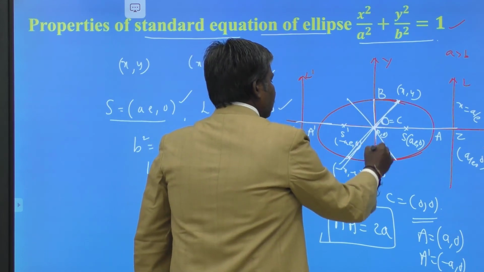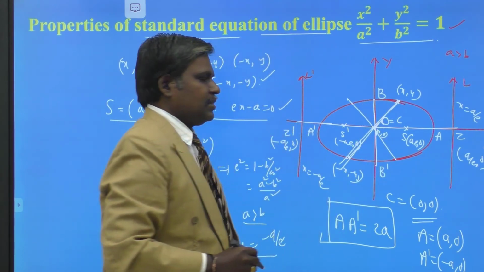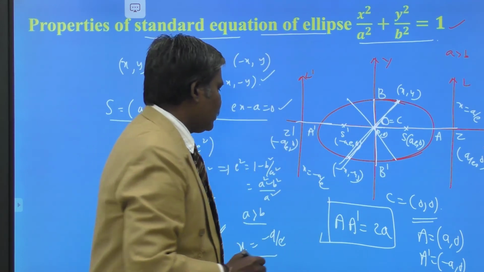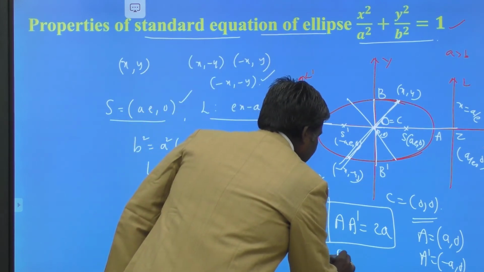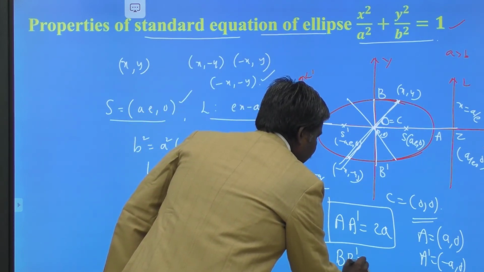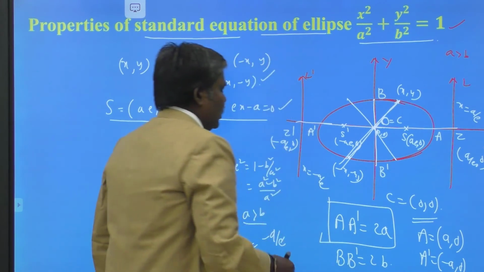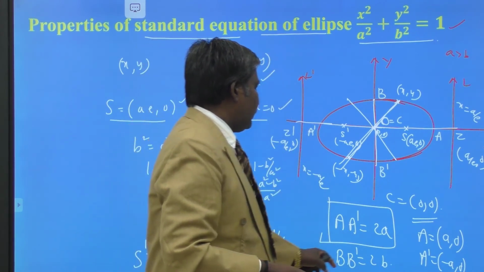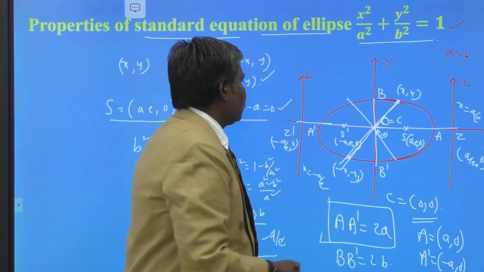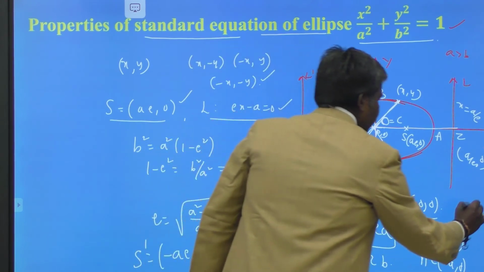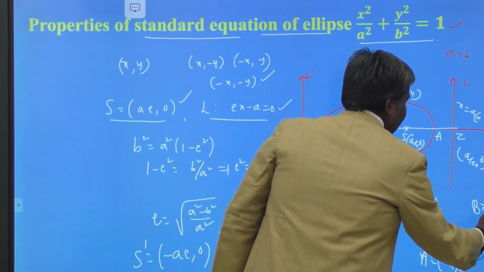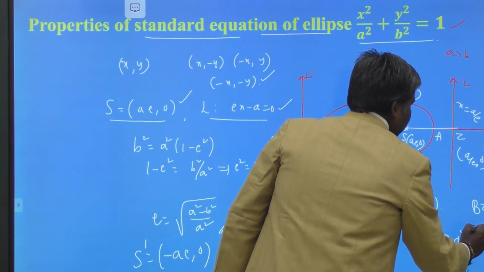This BB dash is called the minor axis. BB dash is called what? Minor axis. Its length is 2b. Since a is greater than b, we have BB dash equal to 2b. The coordinates of B are (0, b) and (0, -b).